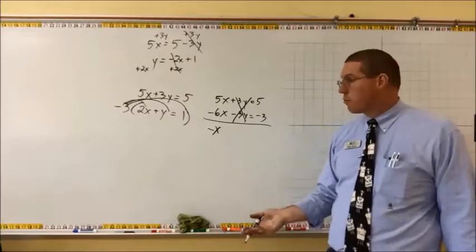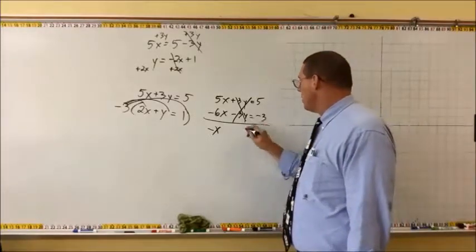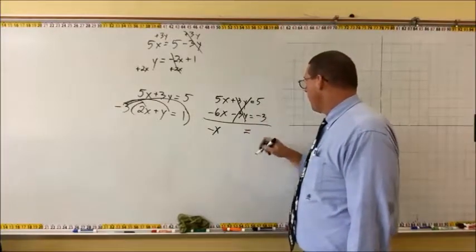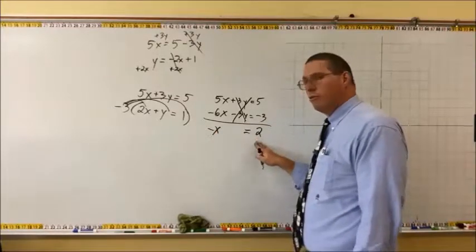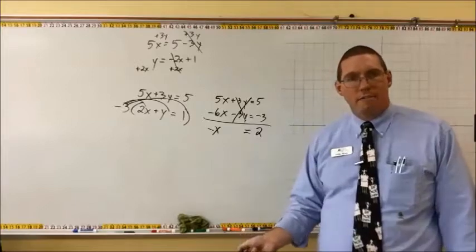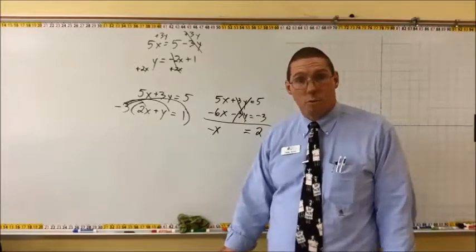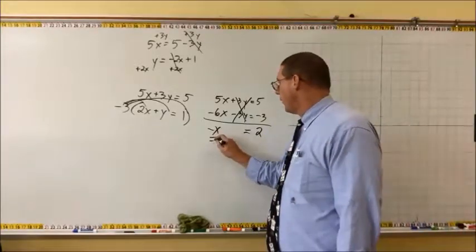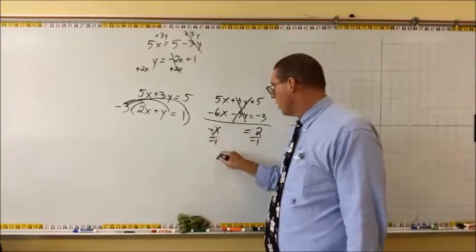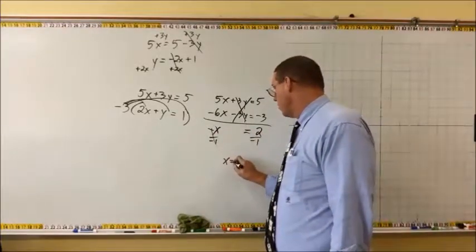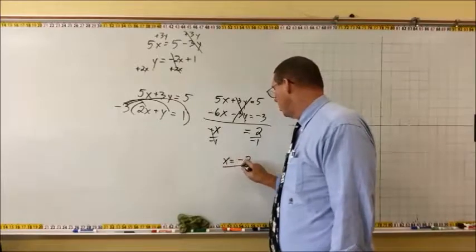They become 0, so I don't need them anymore. Equals 5 minus 3 is 2. So I have negative x is equal to 2. Well, I don't want to know what negative x is equal to. I want to know what x is equal to. So I'm going to divide by negative 1 on both sides, or multiply by negative 1 on both sides. It's going to cancel the negative, and I get x equals negative 2.